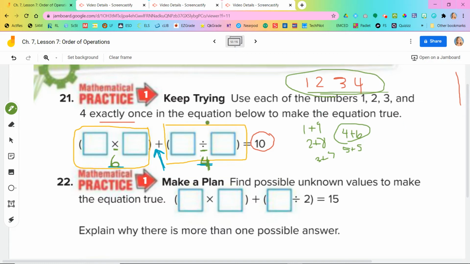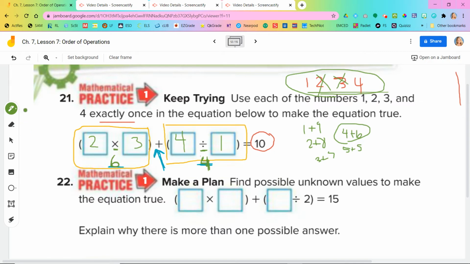Can I use two of these and multiply them to get 6? Yes, I can use 2 times 3. Okay, I've used those, so I can't use them anymore. So that does give me 6. Over here, can I use 1 and 4 to equal 4? Yes, I can. I can say 4 divided by 1 gives me 4.